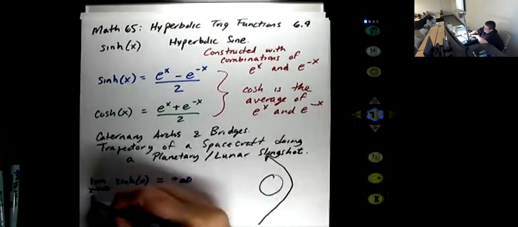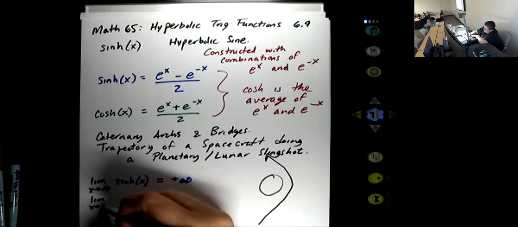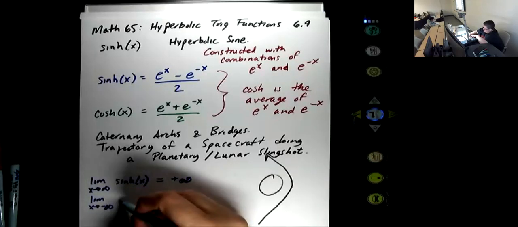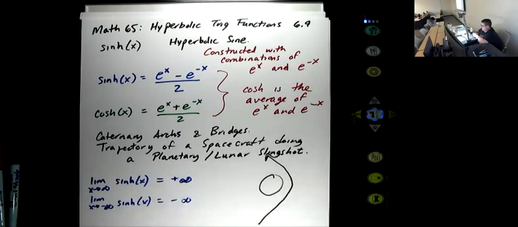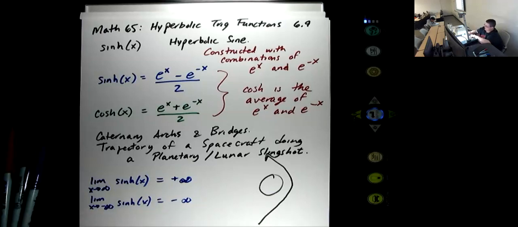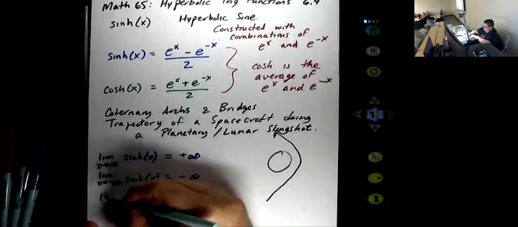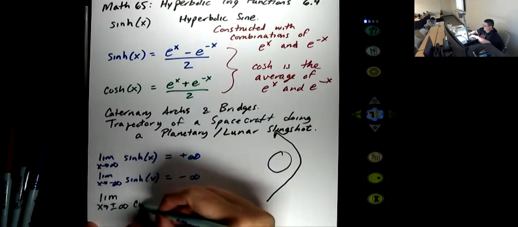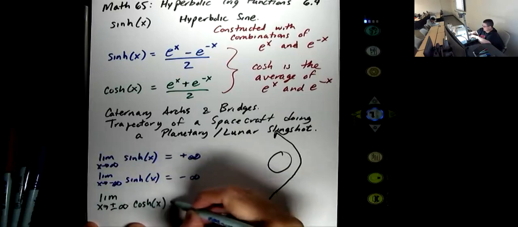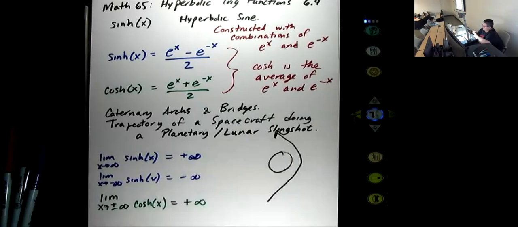As it goes to negative infinity, it's negative infinity. And cosh didn't care which side it was going to. The limit as x goes to positive or negative infinity of hyperbolic cosine is just positive infinity.